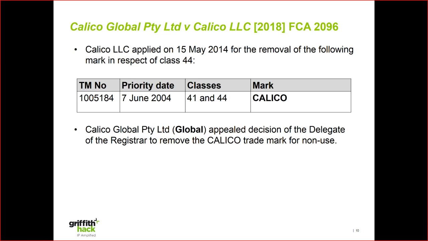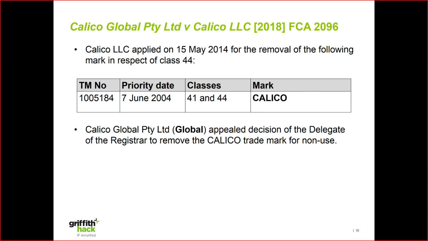So class 44 is your medical services. Calico LLC is an American company, and they were trying to get themselves registered in relation to Calico, Class 44 for medical services. There was the existing registration owned by Calico Global. I'm going to call them Global just so that we don't get confused. And it was on the register in relation to this Class 41 and 44.